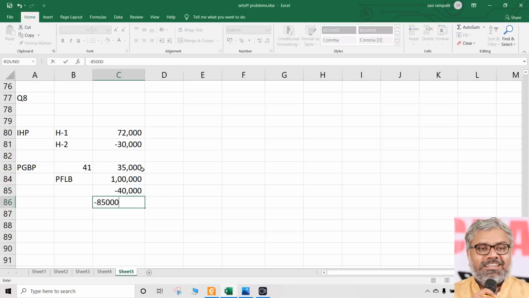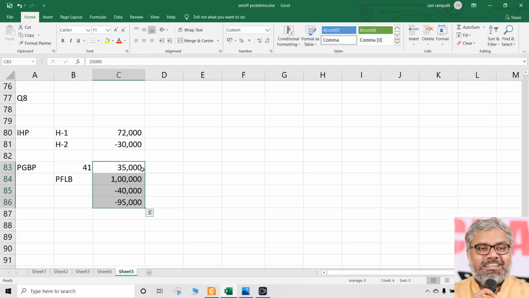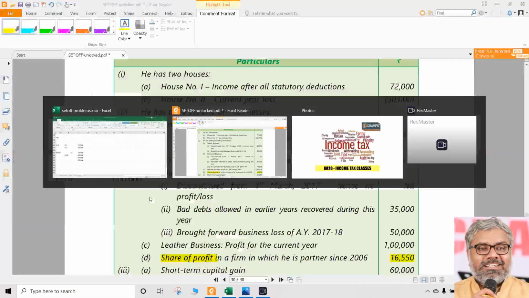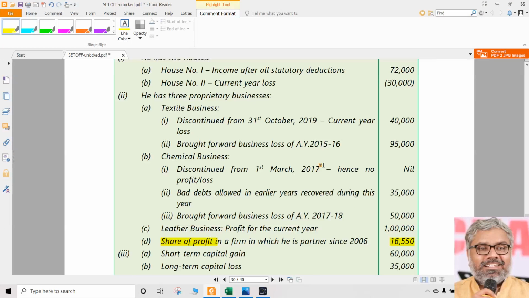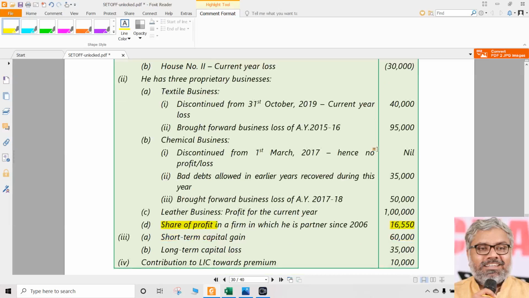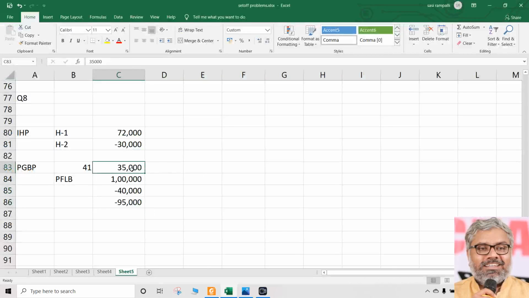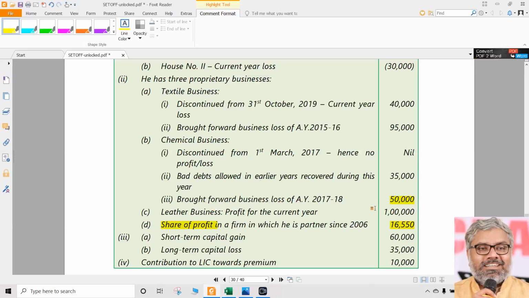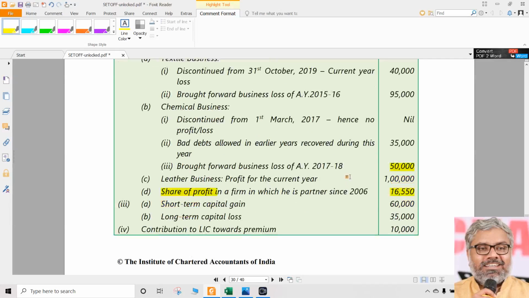Better to do 95,000 first. Let us see whether it is available or not. Exactly available, 95,000. So 95,000 can be set off. Sorry, this 50,000 can be carried forward. 45,000 is already taken as profit. So the 50,000 brought forward loss can be carried forward to future years and it can be set off against PGBP in the future years. That is about PGBP.